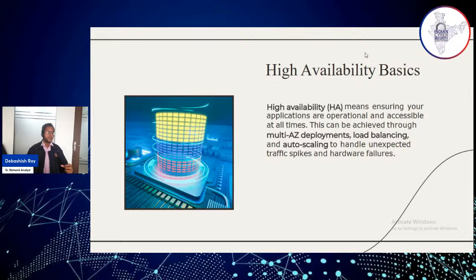If one server is getting too many hits or too much network traffic, it will distribute that load to multiple servers, so multiple nodes will be created automatically. It can be horizontal scaling, where the number of instances increases, or vertical scaling, where hardware resources like the number of CPUs, hard disks, and RAM capacity increase to handle unexpected traffic spikes and hardware failures.